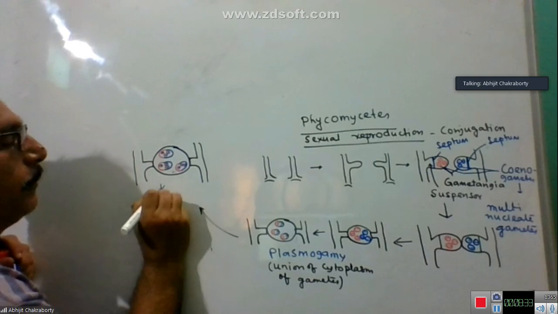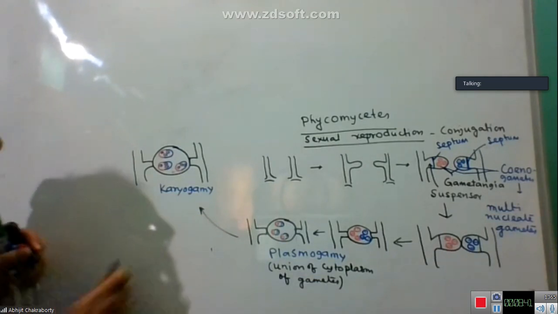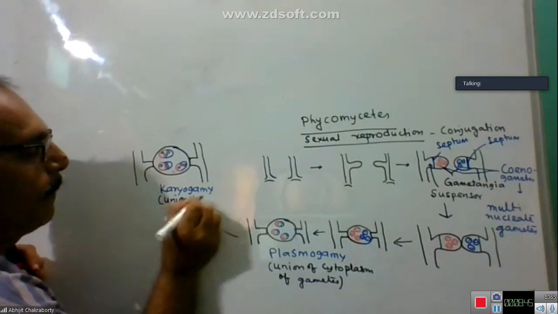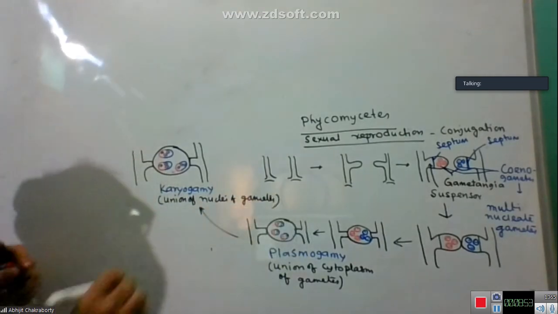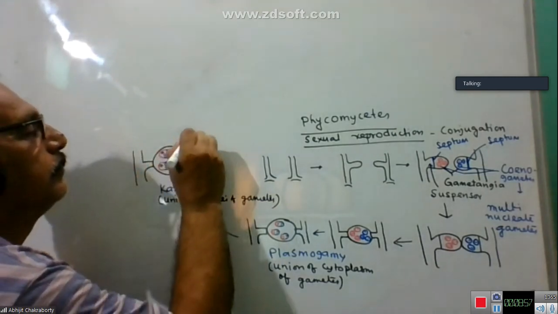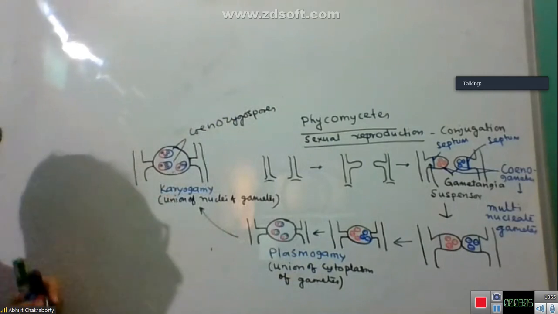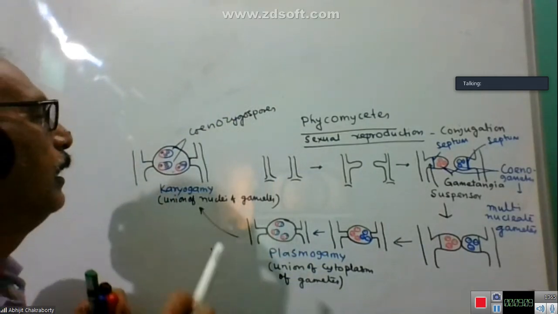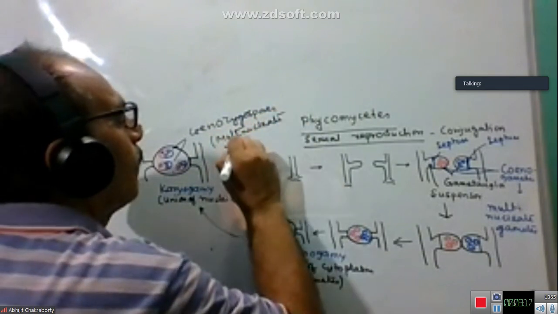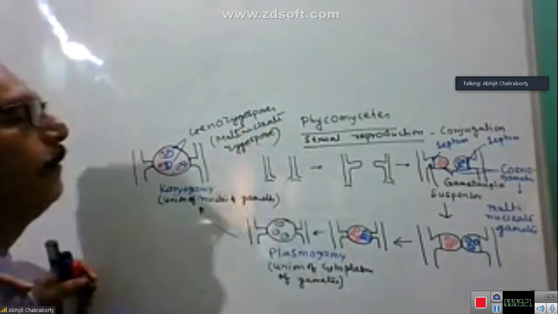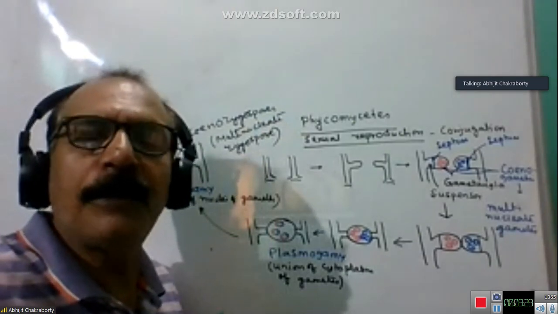So here is called karyogamy. Eventually, the coenozygote becomes a multinucleate zygospore.